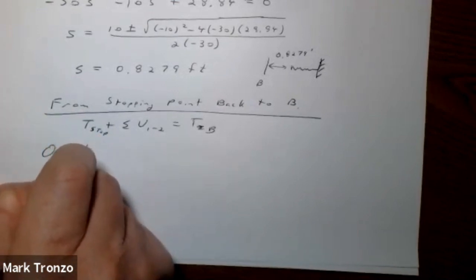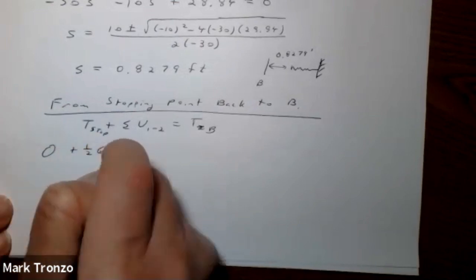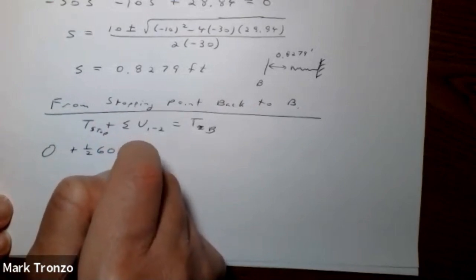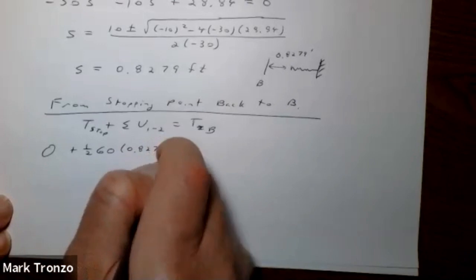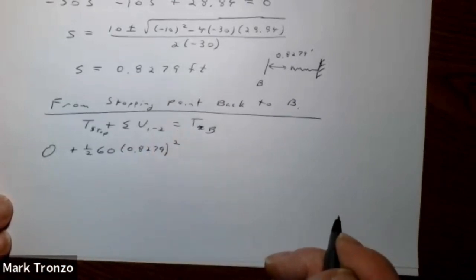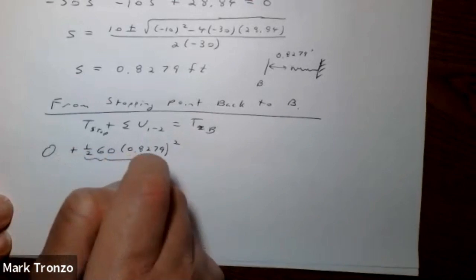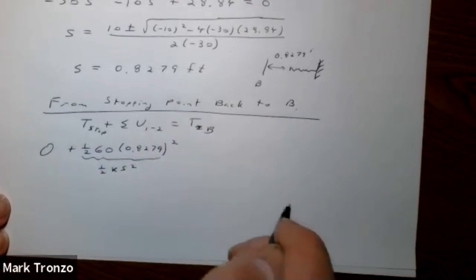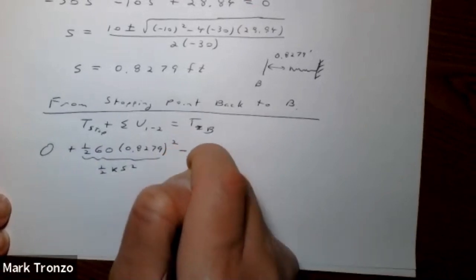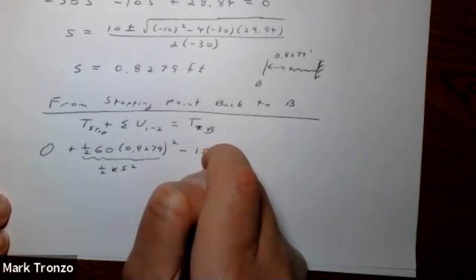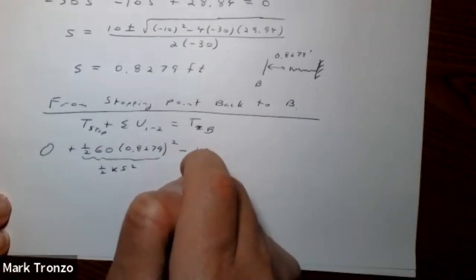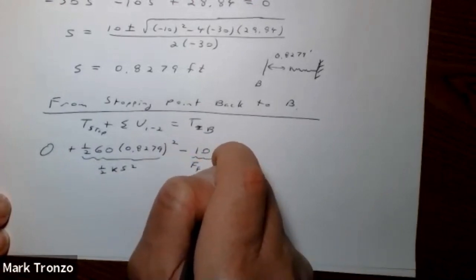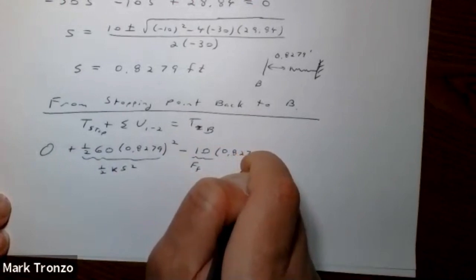And then it'll be 1/2 times 60 times 0.8279 squared, again that's for the 1/2 K S squared, and then minus the friction force times your delta S, which we said was 0.8279.